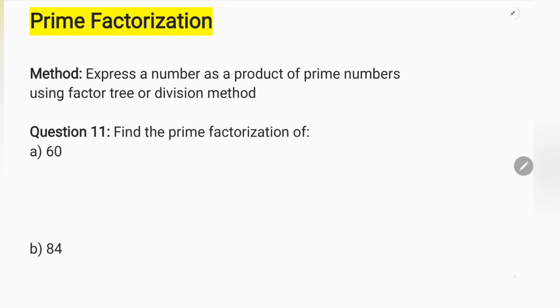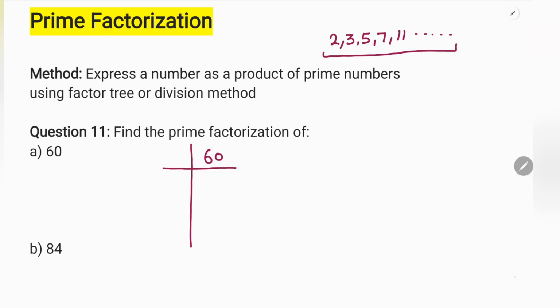For prime factors, you need to know this thing. I make this symbol and write 60 here. Always divide with only prime numbers, 2, 3, 5, 7, 11 and so on, and keep dividing with 2 until you can.